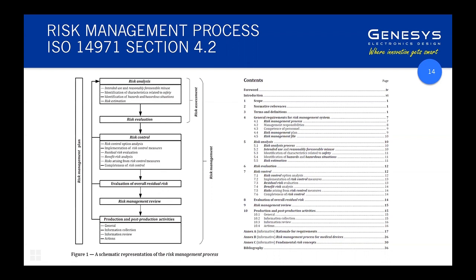And once the product is in the market, there are activities required, surveillance, to determine whether the risk decisions and conclusions that were drawn during the development process were in fact sound based on information that you gather from the field. And I won't labour on that point. So just skipping to the next slide.